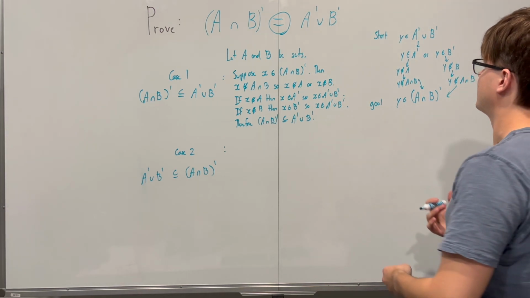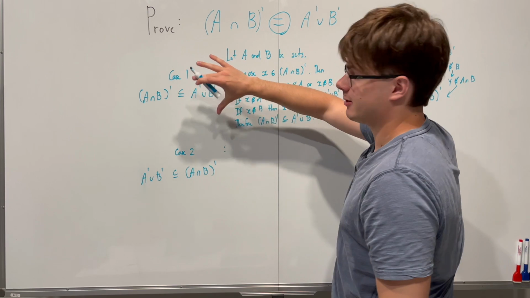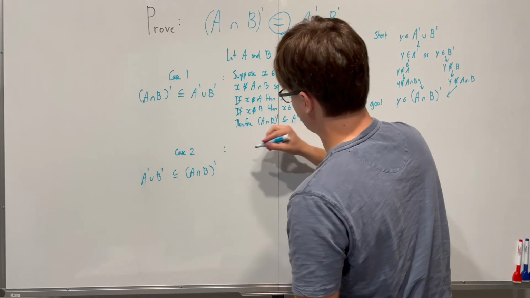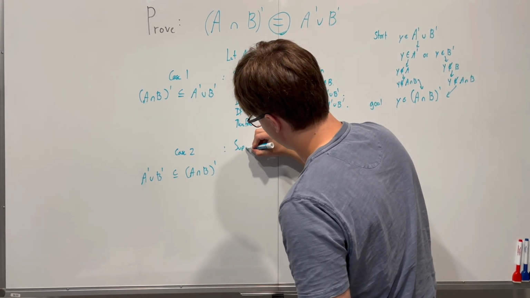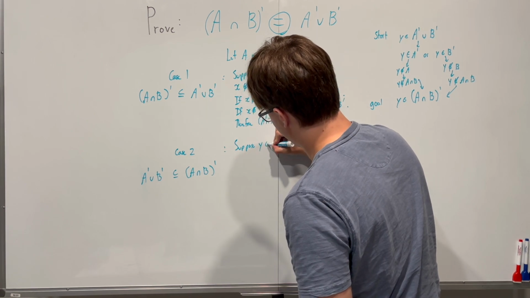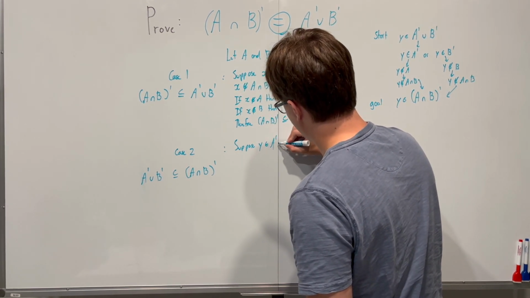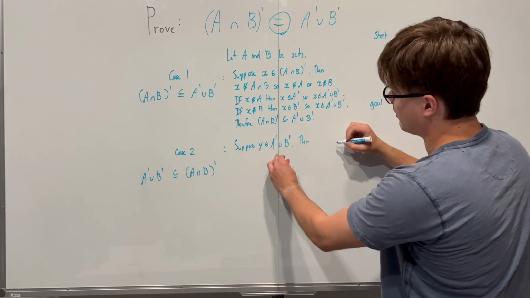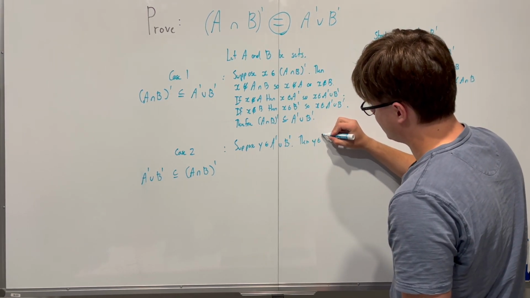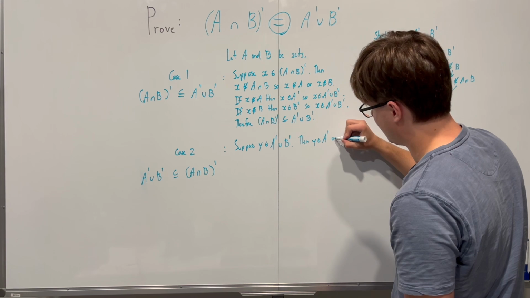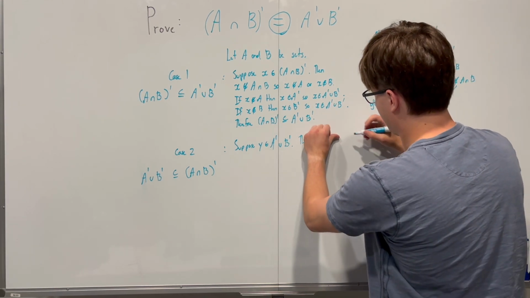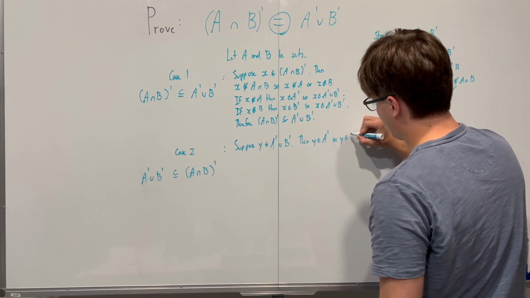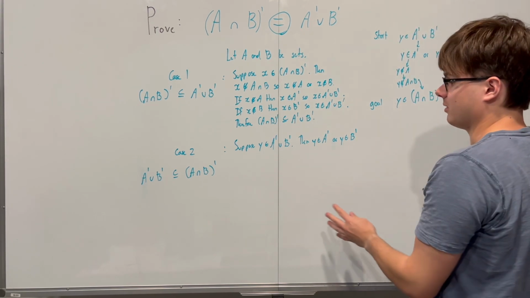Let's put this into words. So we start by, similarly to how we did in our first case, supposing our element Y. We say, suppose Y is an element of A complement unioned with B complement. Then we break apart what this means. This means Y is an element of A complement or an element of B complement.